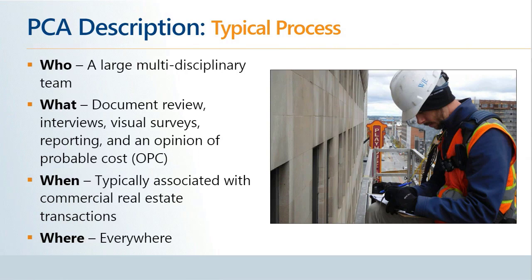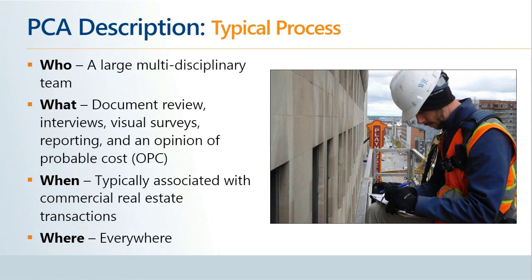The PCA team typically includes consultants or specialists with experience assessing all aspects of the structure: topography, water management and drainage, flatwork and paving, ADA and related accessibility concerns, utilities, mechanical, electrical, and plumbing systems, vertical transportation, interior finishes, and even other items.